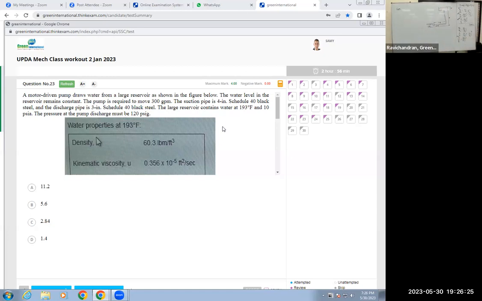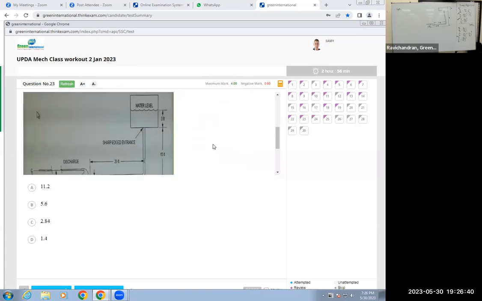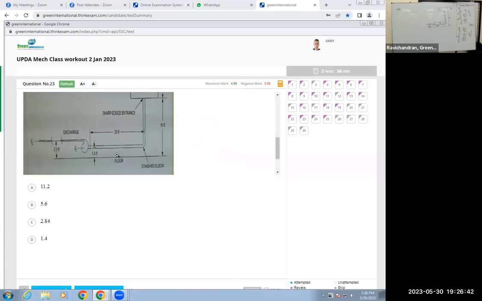So a motor pump draws water from a larger reservoir. It's drawing water from here. The water level in the reservoir remains constant. The pump is required to move 300 GPM. So here there are two sections. One is discharge, and up to this section is considered as suction.